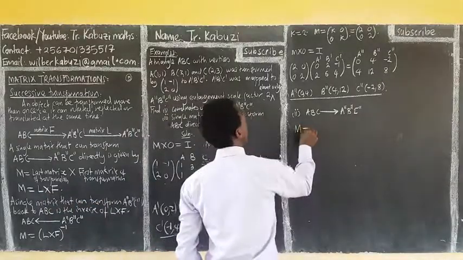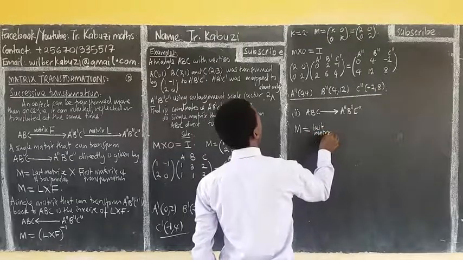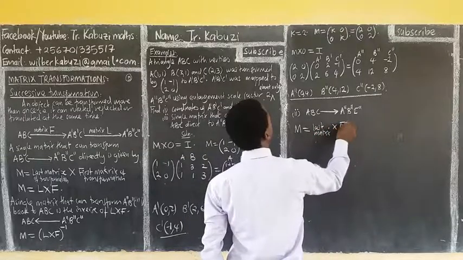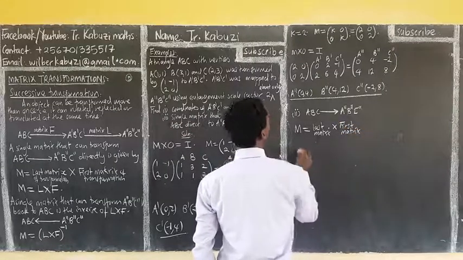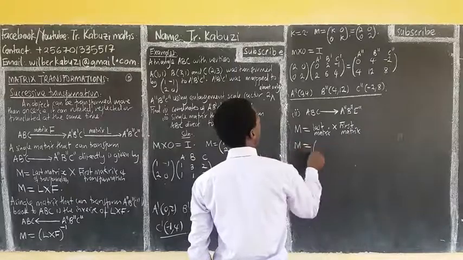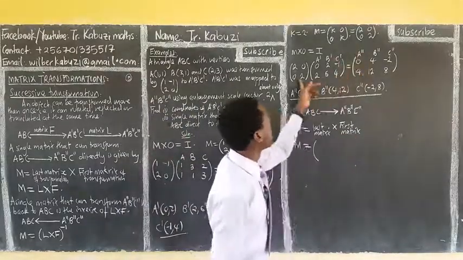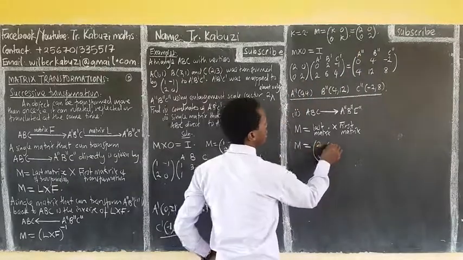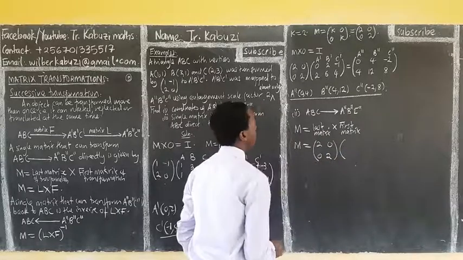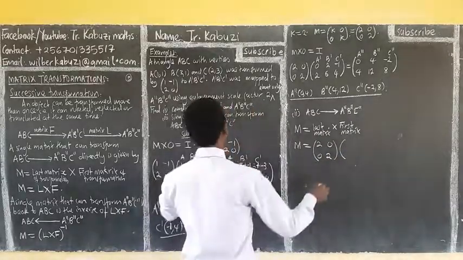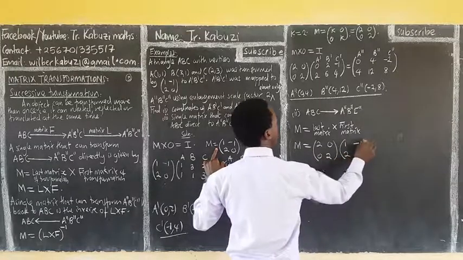So our M here is going to be the matrix we used last, which is 2, 0, 0, 2, times the first matrix. The first matrix we used was 1, negative 1, 2, 0.